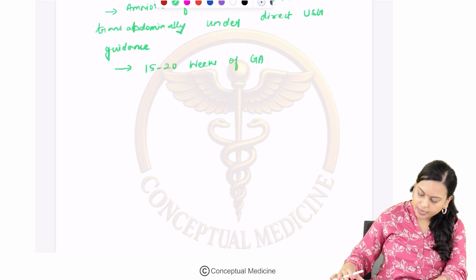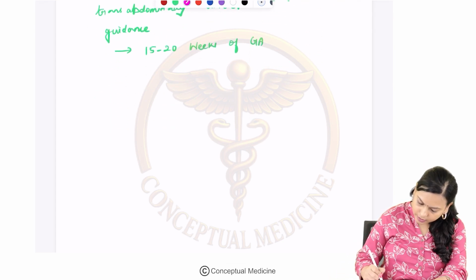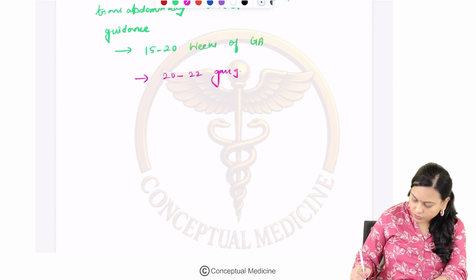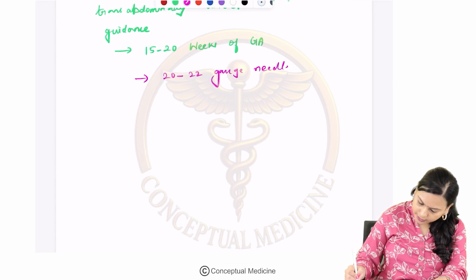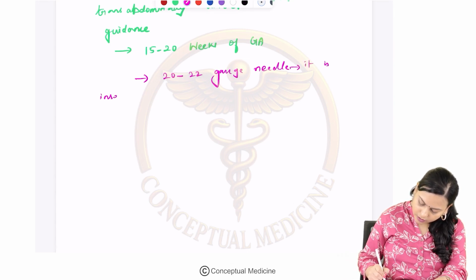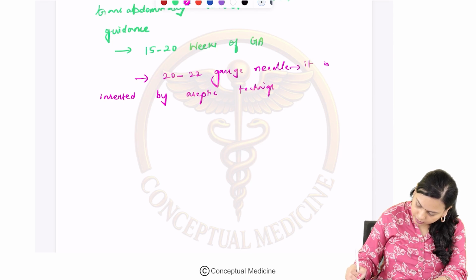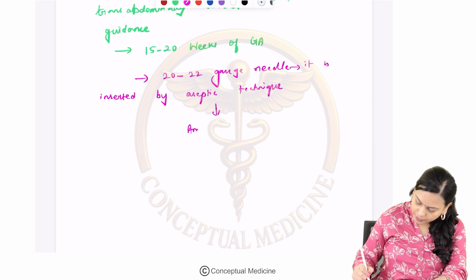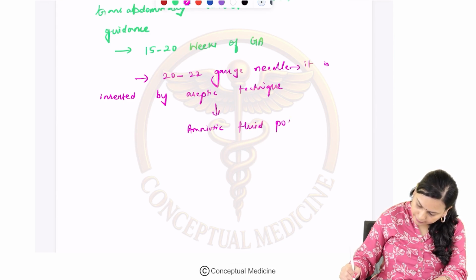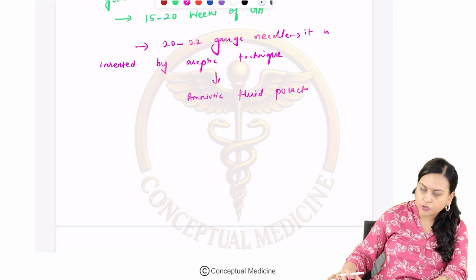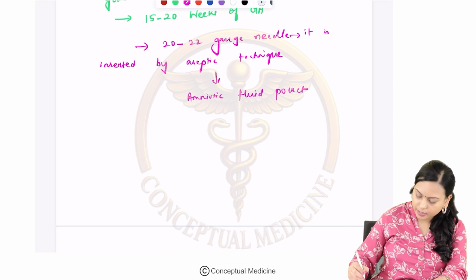Okay, and what we'll be doing is we'll be using mostly a 20 or 22 gauge needle, and it is inserted by aseptic technique into an amniotic fluid pocket. Okay, and usually the closest amniotic fluid pocket is selected.